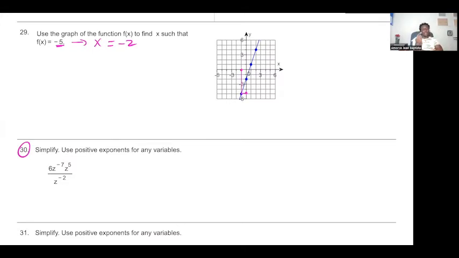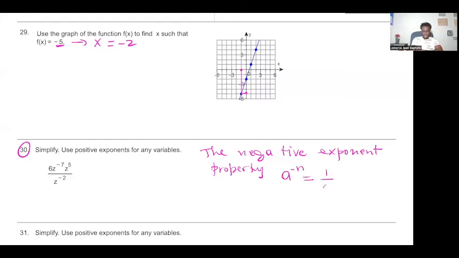The negative exponent property says that if I have a to the power -n, it equals 1 over a to the power n. We switch the negative sign to a positive, transforming this expression to a positive exponent, to a fraction.